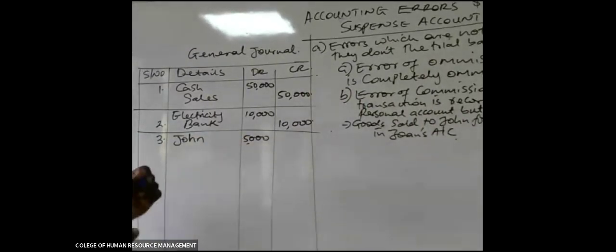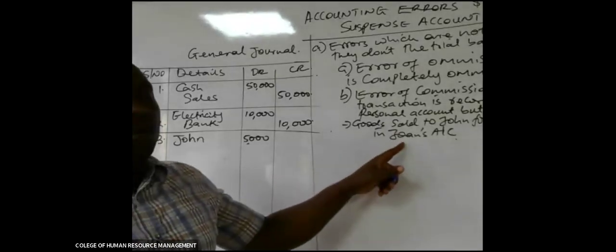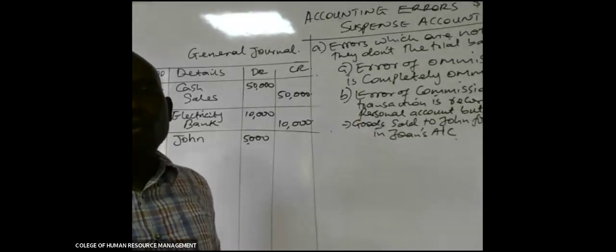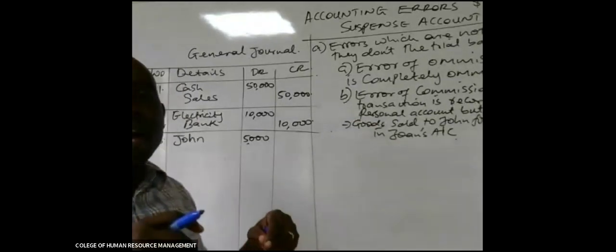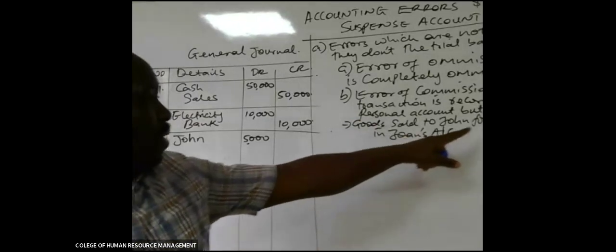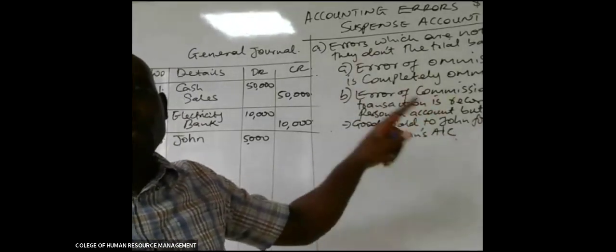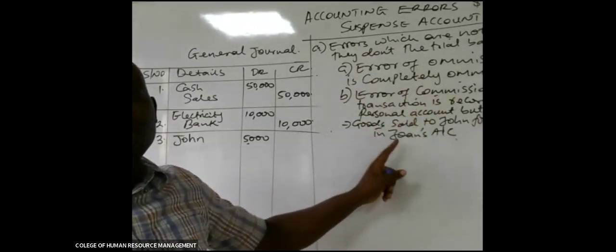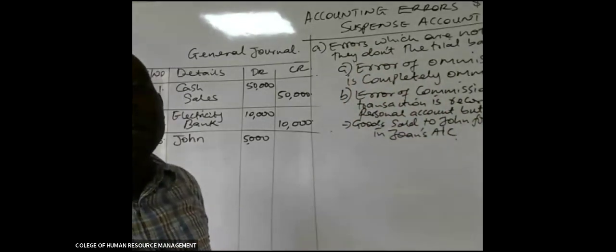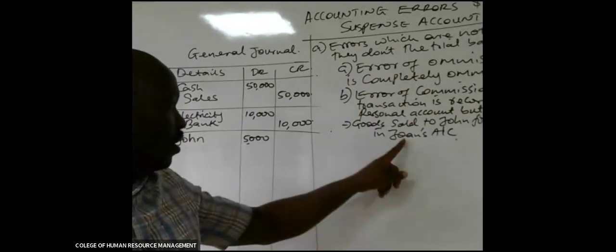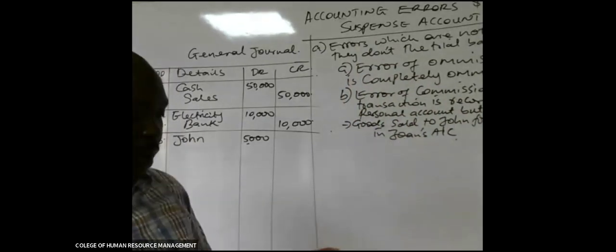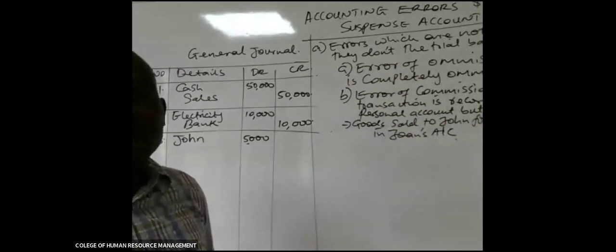But by mistake, we debited the account of Joan. As we are speaking right now, the account of Joan has been debited by this 5,000, which is not supposed to be in this account. So we need to do what we call a reverse. We need to remove that money from this account because this is not the correct person who was supposed to be debited by that 5,000.